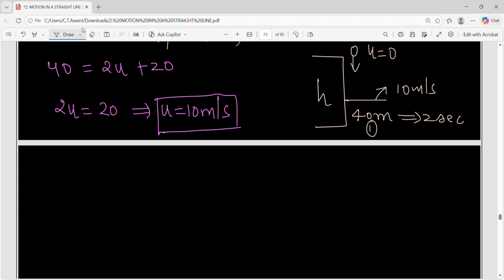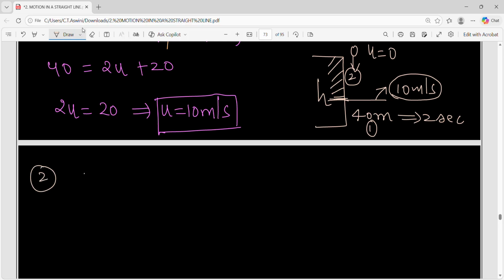Now for the first case, for the last 2 seconds, this is the initial velocity. But if you take only the upper segment, don't you think this 10 meter per second is the final velocity of the ball? Yes, right. If you take case 2 here, this is the final velocity. For the 40 meters, it was the initial velocity, but for the above height, it is the final velocity.